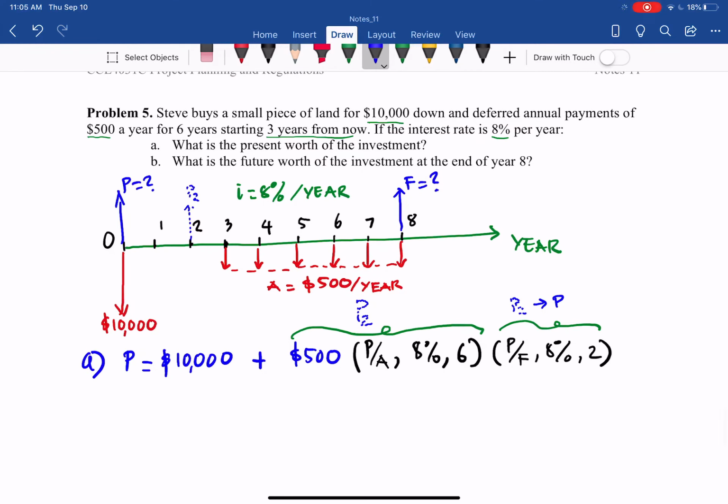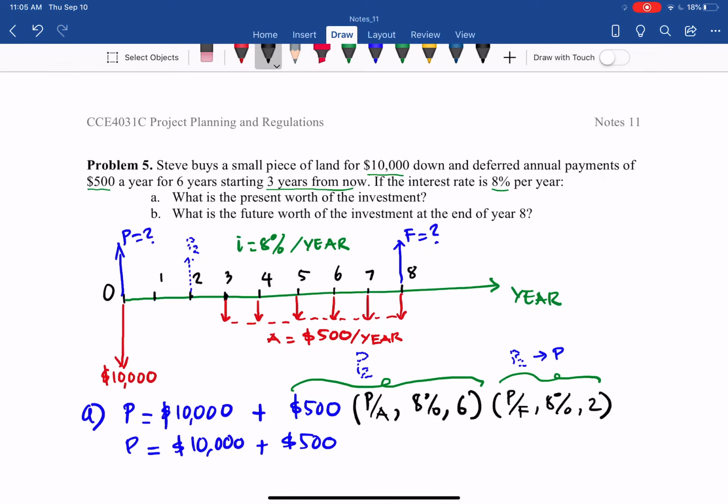So with that we can use the table or equation, and by now you know how to use that. I just plug the numbers: P over A, 8%, 6, so 4.6229 from the table with 8%.